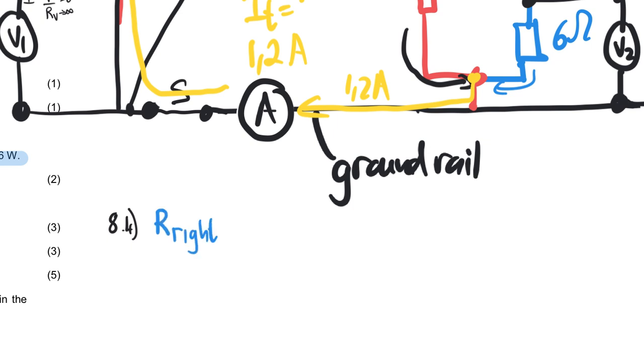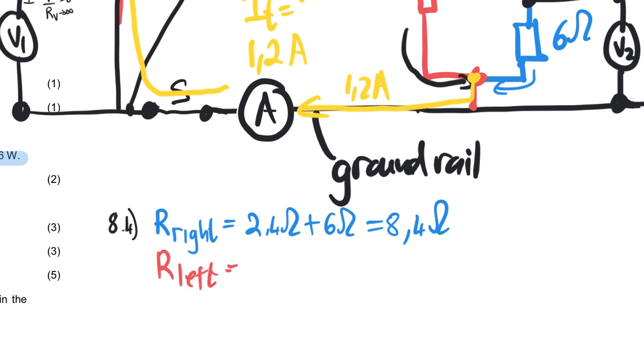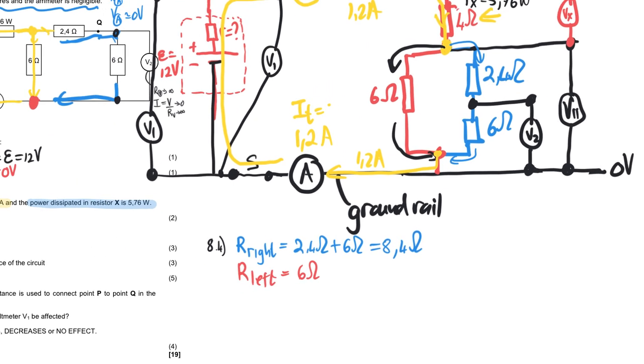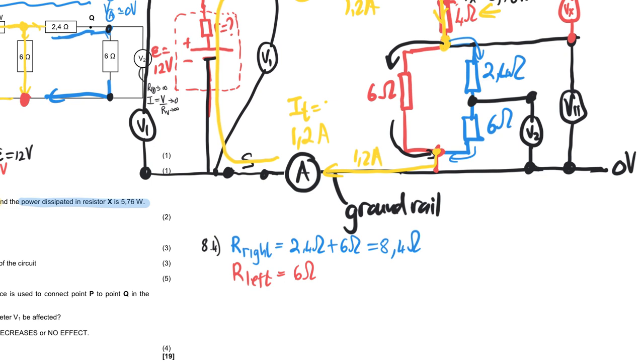That's the right branch, it is going to be 2.4 ohms plus 6 ohms, which gives us 8.4 ohms. Then if we look on the left-hand side, let's call that R left. R left is going to be 6 ohms. And these two branches are going to be in parallel with each other.